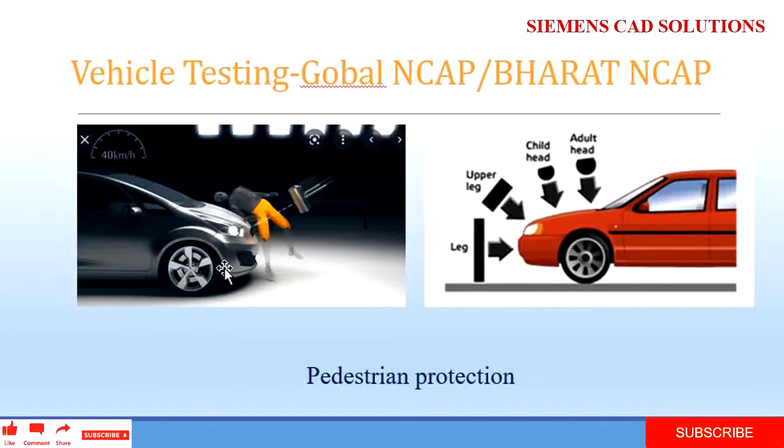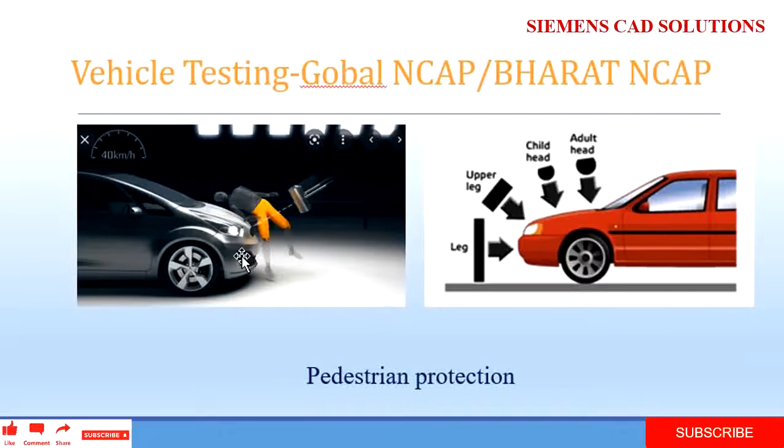If any vehicle hits at 40 kilometers per hour, the pedestrian should not have any fracture in the leg area. You can create your design at full strength to save the passenger or driver, but if you create a stronger profile in the front bumper area, it will affect the pedestrian.